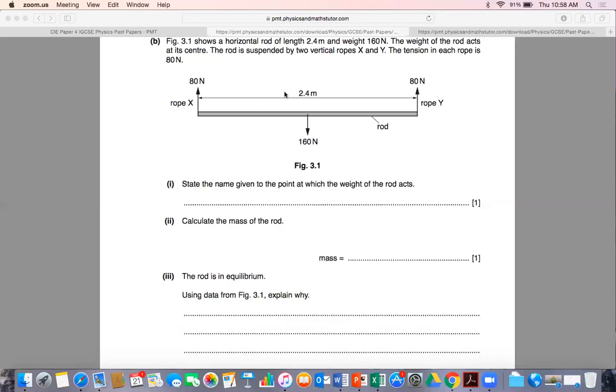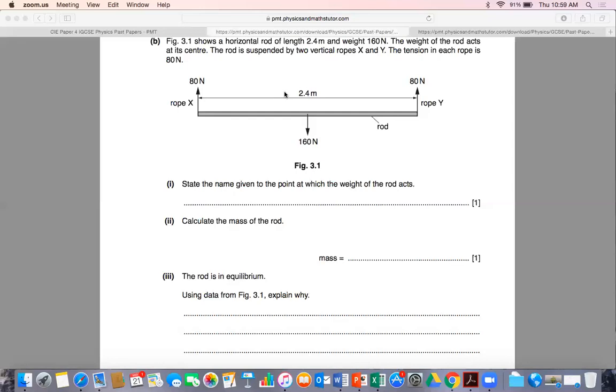And then look at the moment. Remember, moment is force times perpendicular distance. So let's look at rope X, the left-hand side. What is the moment there? Force 80 times distance.